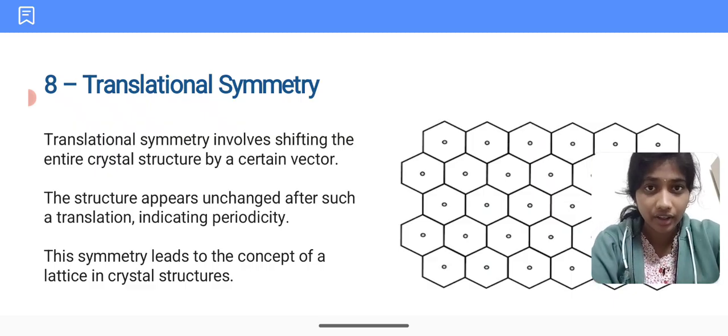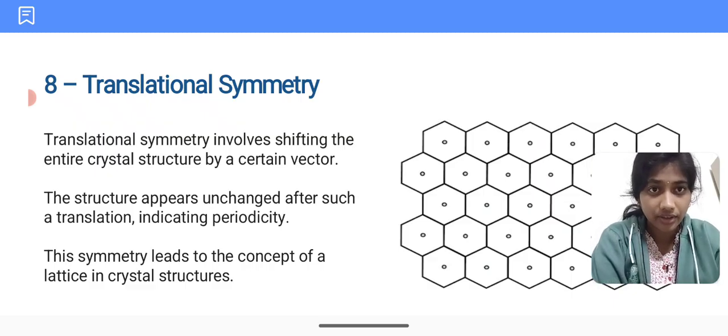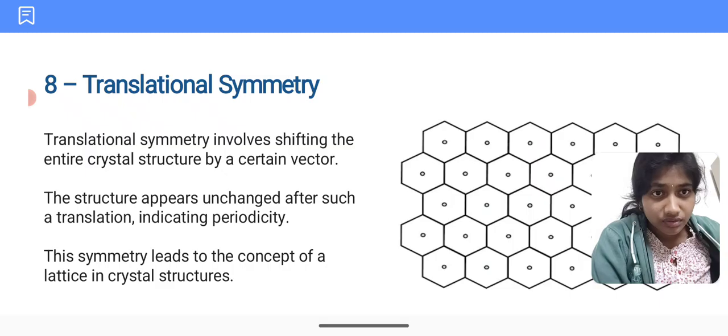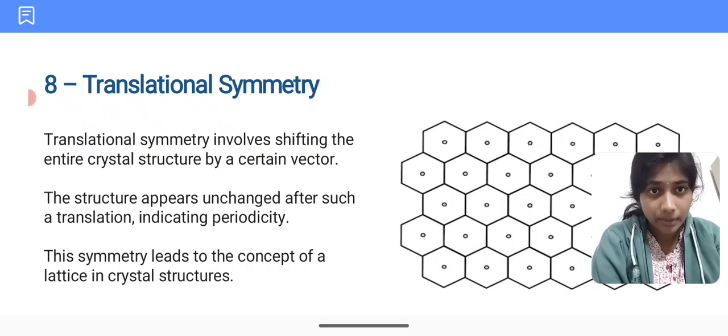Translational symmetry. Translation symmetry involves shifting the entire crystal structure by a certain vector. The crystal appears unchanged after such a translation, indicating periodicity.